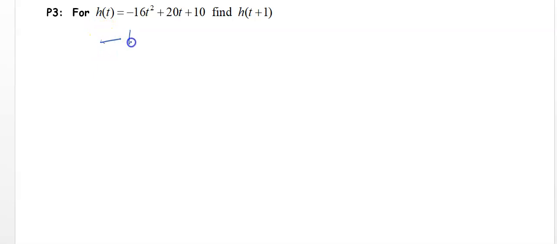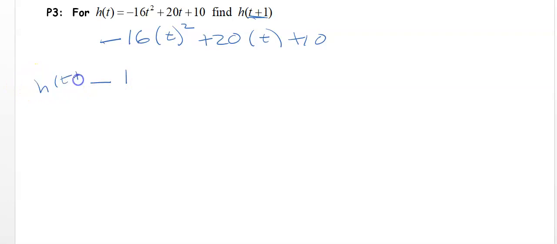I'm going to do negative 16. T was my variable, so I'm going to put parentheses, plus 20, I get a t there, plus 10. So everywhere I had a t, I'm going to replace it with a t plus 1 to get h of t plus 1. So h of t plus 1 equals, let me erase this here.